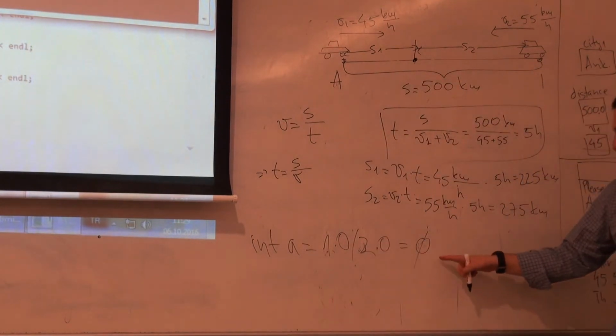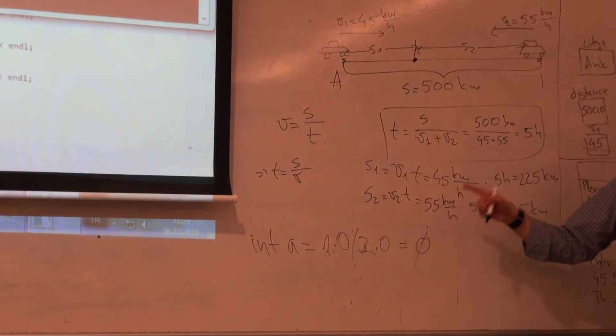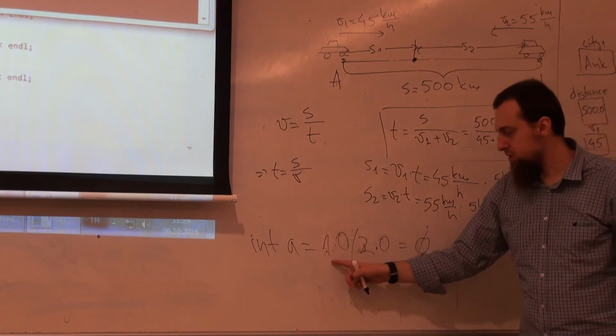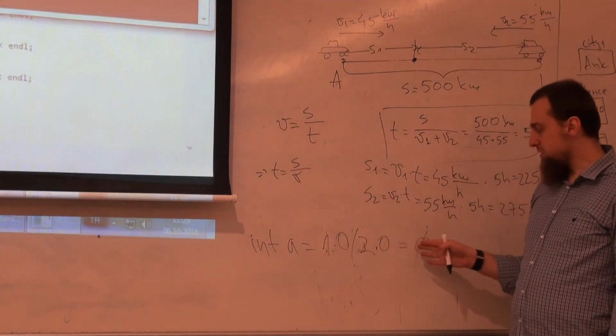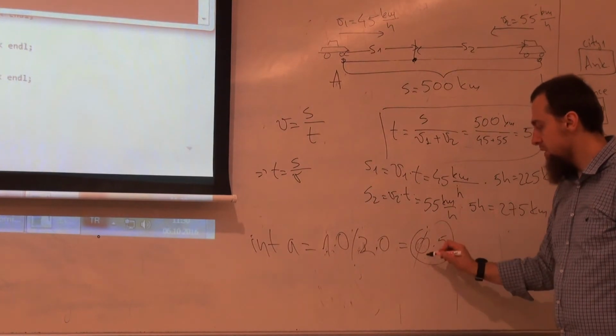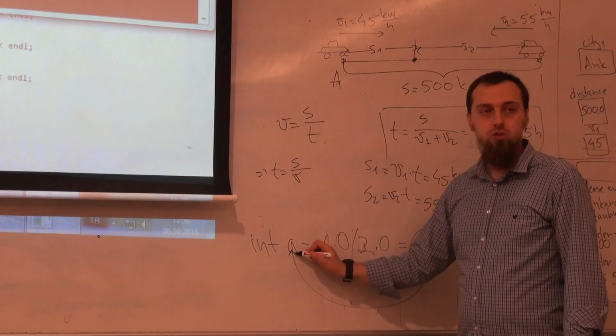I'm writing 0 like this in order to distinguish it from O. Okay? Why is it the case? This is float, this is also float. The result is going to be 0.5. But this 0.5 should be stored here in A.